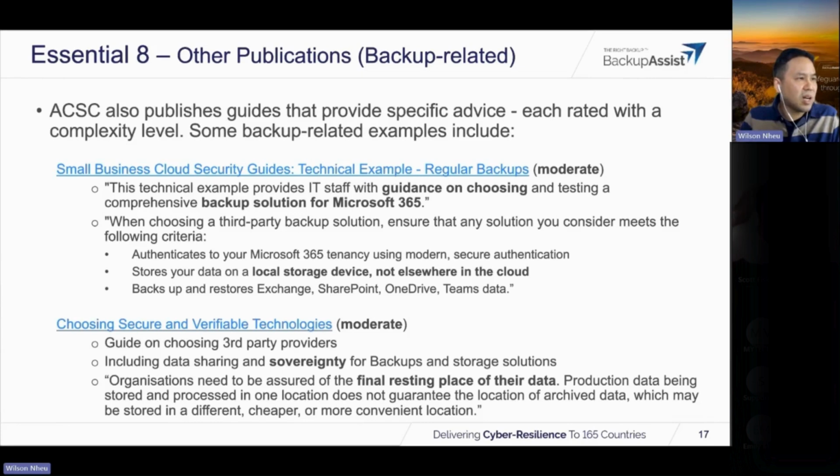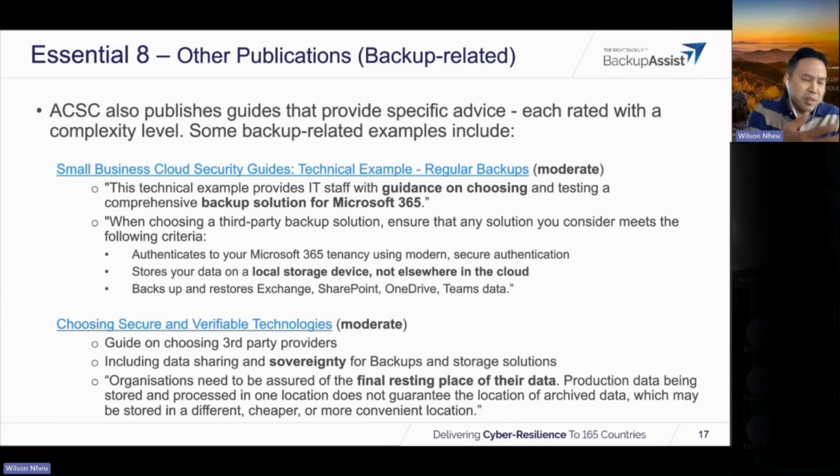Another guide that they publish is about choosing secure and verifiable technologies, which is essentially a guide on choosing third-party providers. One of the things it goes through is ensuring the sovereignty of backups and storage solutions. What that means is that you want to know the final resting place of your data.